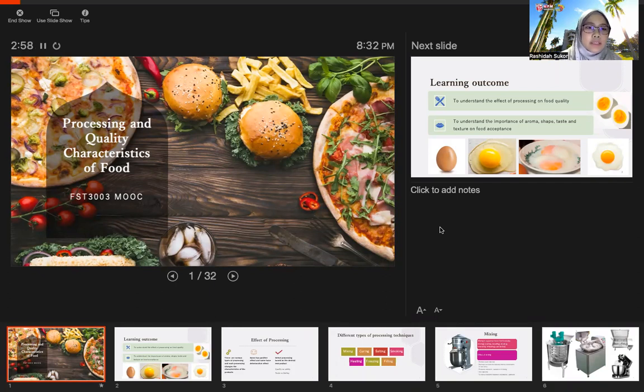Today we shall continue with our next topic in FST 3003, Introduction to Food Science, which is a crucial and vital part of this course: the processing techniques involved in extending shelf life and ensuring the safety of the food that we produce.